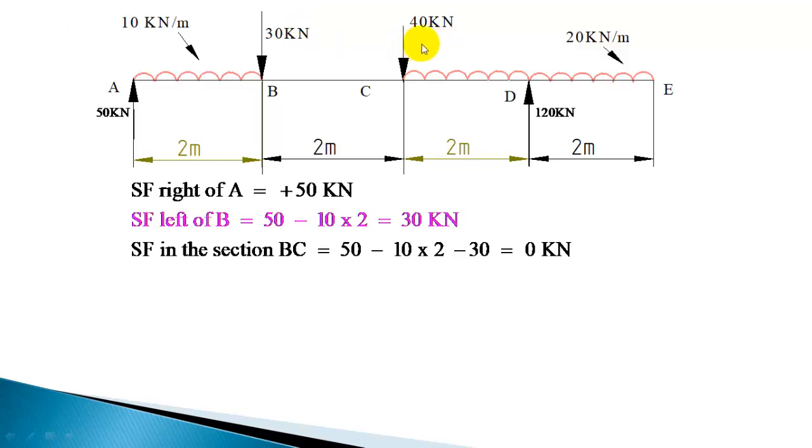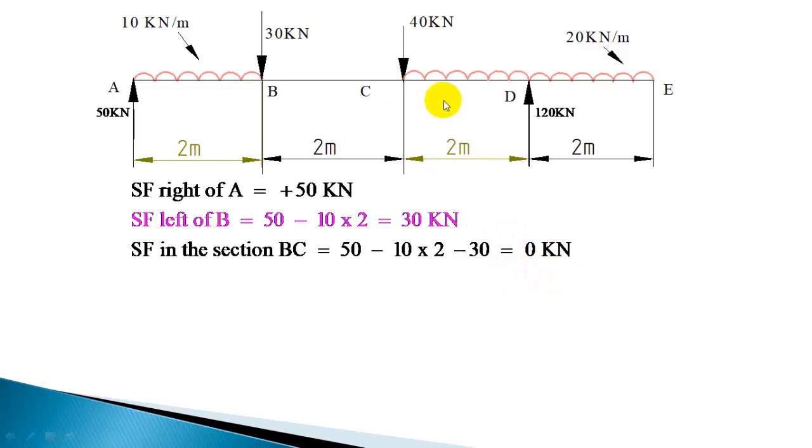Now let us take a section here immediately right of C. Immediately right of C, this is a shear force here in the portion BC, from where you are just moving immediately right of C. So that will add this force minus 40.